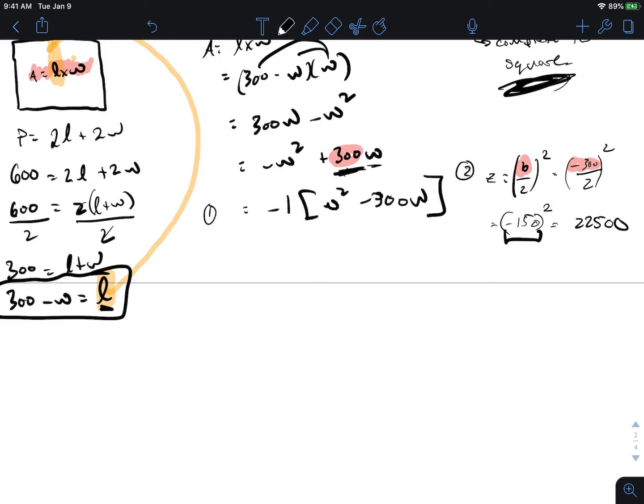But I'll do the rest of the steps here. So we'll do negative 1. Inside the square brackets, we're going to go W squared minus 300W plus 22,500 minus 22,500. Okay? And then the first 3 terms condense down to this magic number.